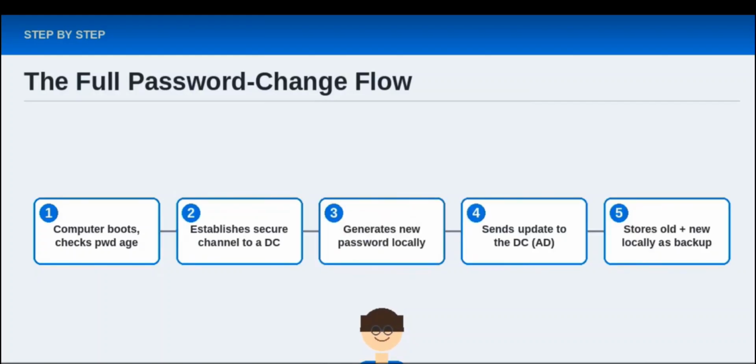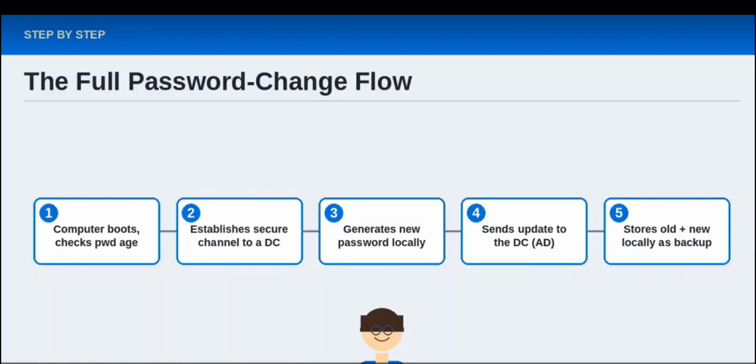Now let's understand the full password change flow. Let's follow the entire process from beginning to end. First, the workstation verifies that the password has expired. Next, it establishes a secure channel with a domain controller. Then, and this is important, the computer generates a completely new random password locally. That new password is securely sent to Active Directory, where the domain controller updates the computer account.